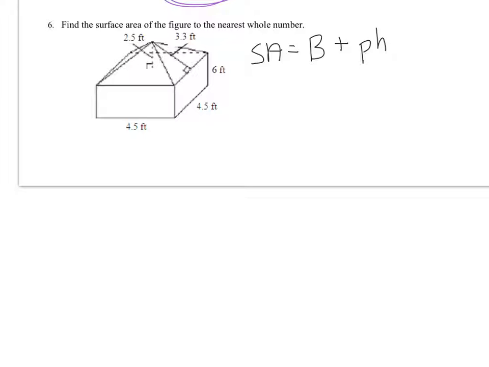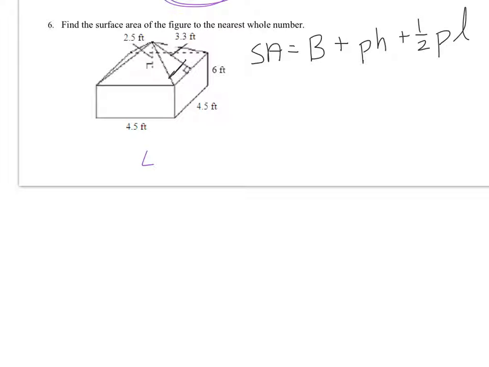That's the lateral area. Plus, I also need my lateral area, whoopsies, I meant to do this, my lateral area of my pyramid. The lateral area of my pyramid is 1/2 times my perimeter times my slant height. So now I'm going to plug everything in.